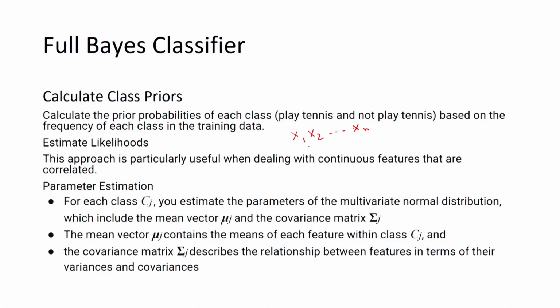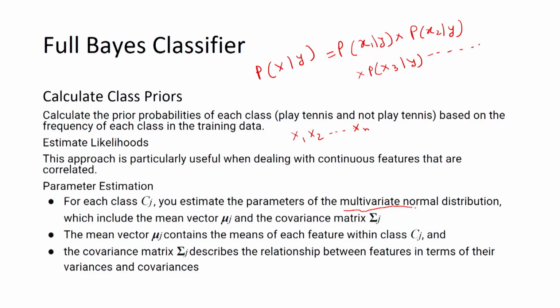In that case we can't calculate probability of x given y as probability of x1 given y into probability of x2 given y into probability of x3 given y and so on. We can't do this because x1, x2, x3 are not independent, and that is why we assume x follows a multivariate normal distribution.